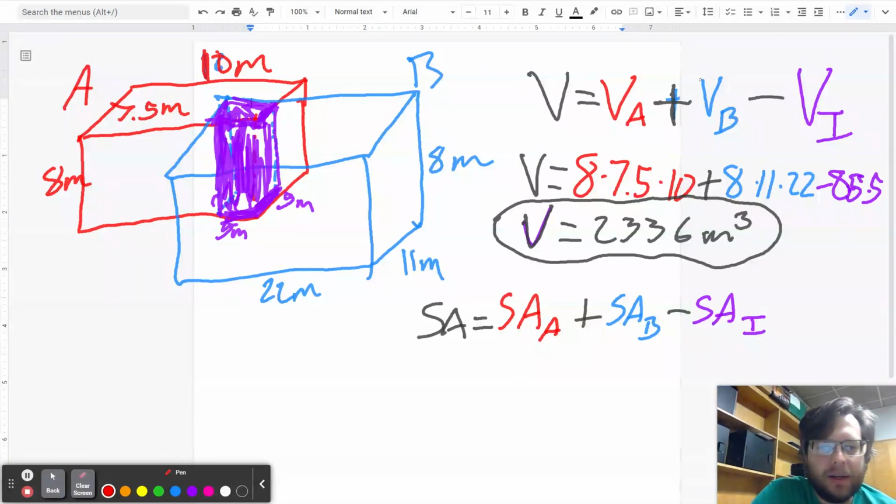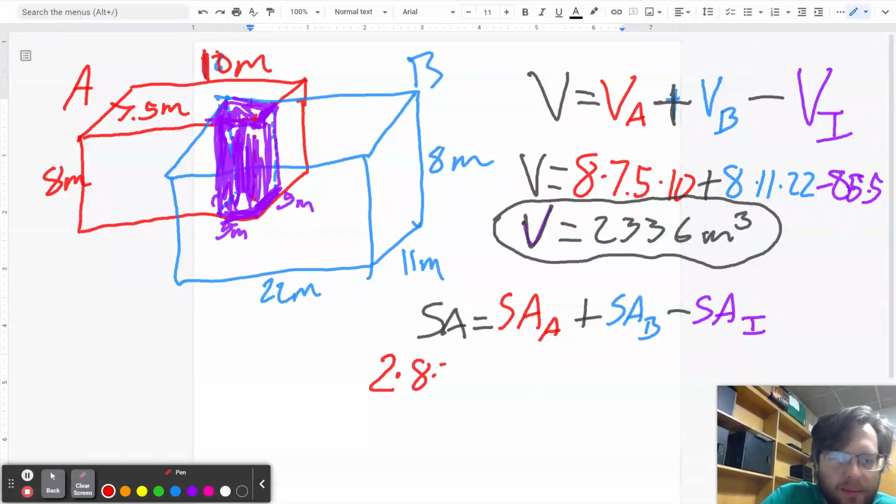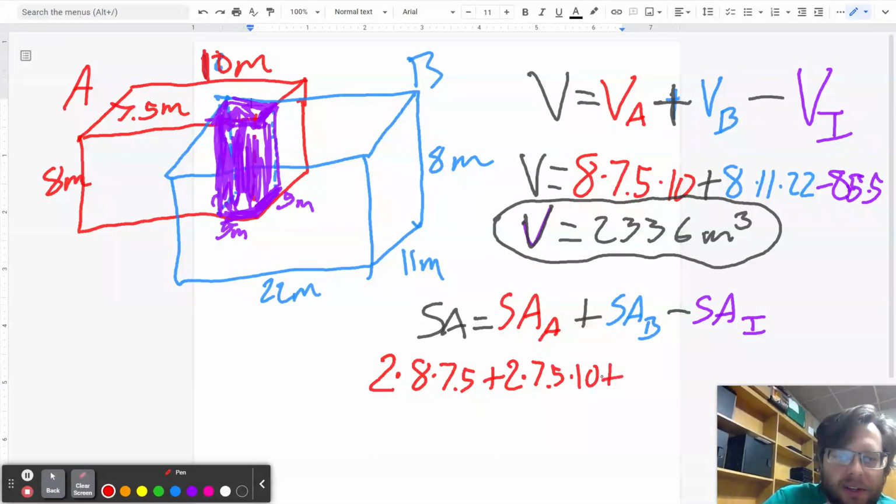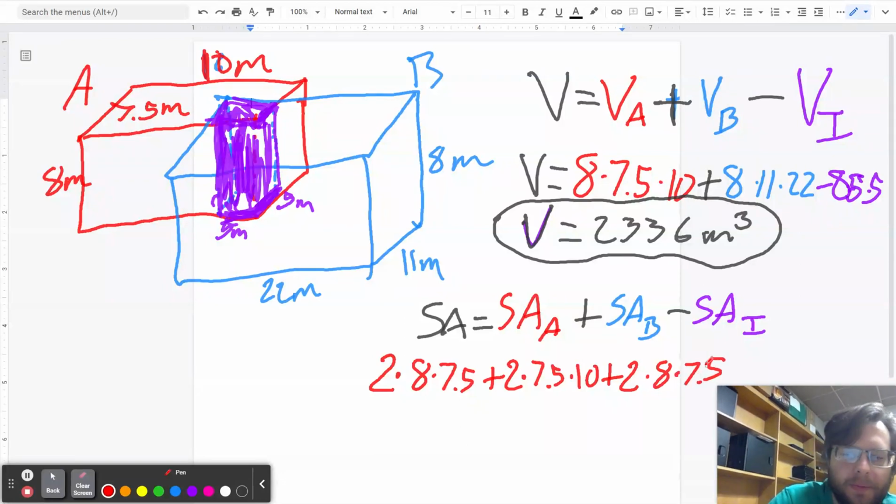So the surface area of A, what we've got there is a front and a back. So we've got two sides that are 8 by 7.5, plus a top and a bottom, two sides that are 7.5 by 10, and we have two sides on the left side and the right side that are 8 by 7.5.